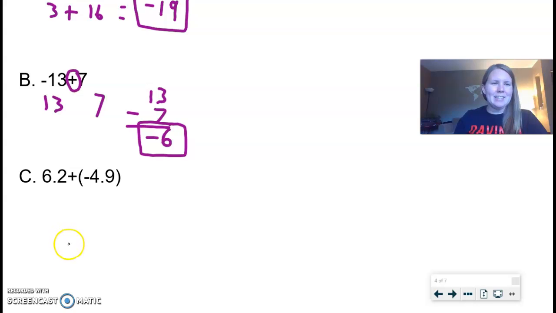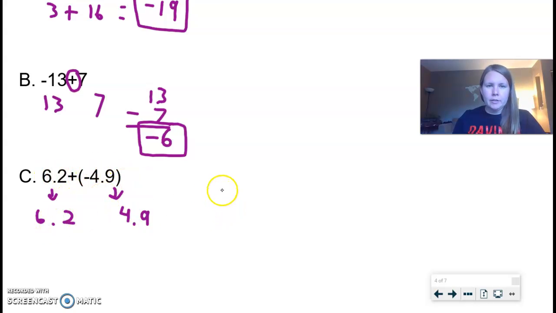Alrighty, and C then. In C, we get decimal points, and they are opposite signs. So remember, in opposite signs, we need to take the absolute value of both. The absolute value of 6.2 is 6.2. The absolute value of negative 4.9 is 4.9. They're opposite signs, so we subtract. So I'm going to take 6.2 minus 4.9.